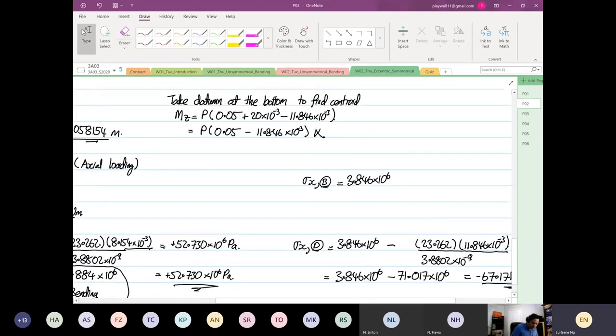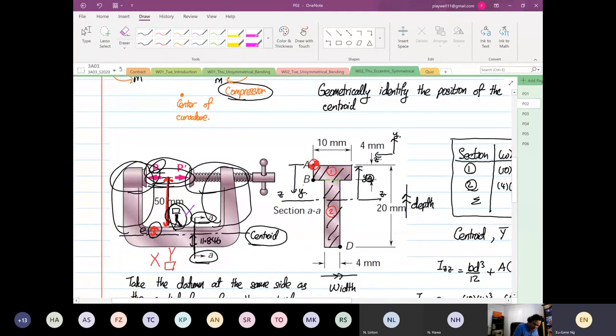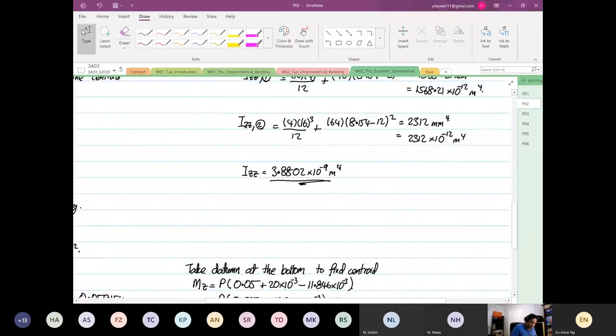Now the moment at point B, this is your point B, yes or no? And you know that the centroid is 8.154. It's pretty far away from the centroid, so you can assume it to be the same as stress A. Sorry, it's going to be a tension, not compression.